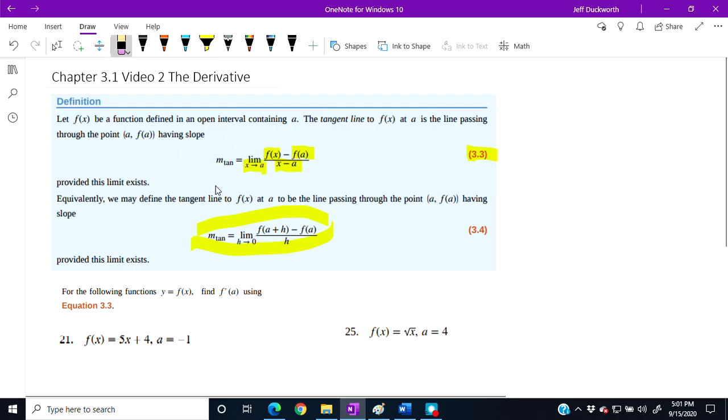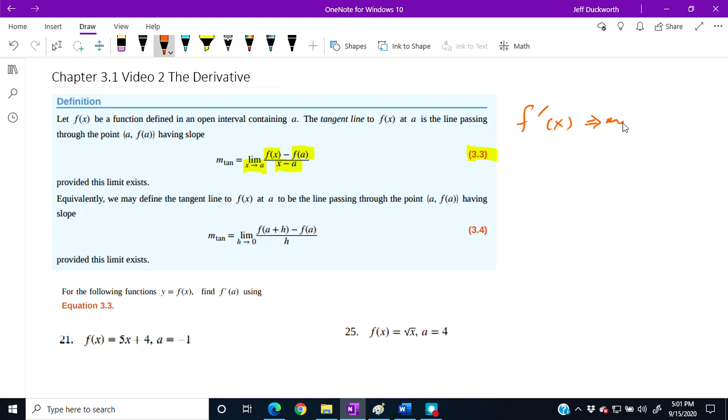So let's ignore this. And for our first one, we should talk about this notation f prime. So f prime of x means the derivative of f of x.